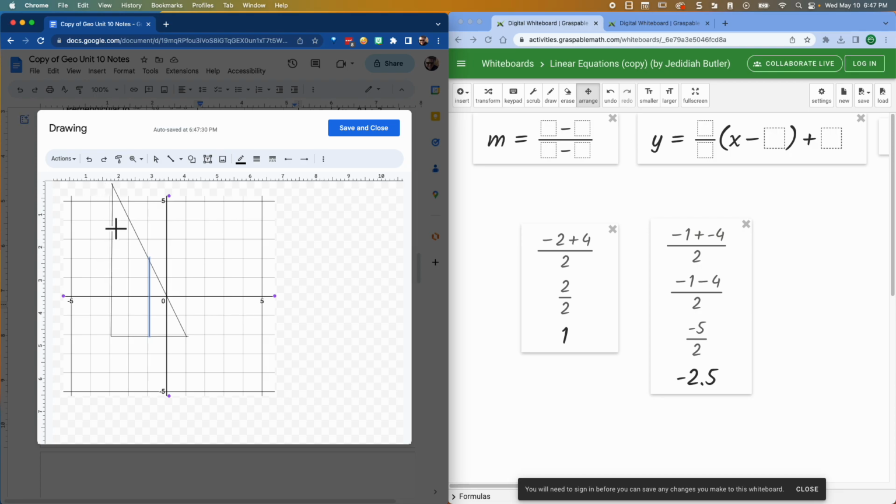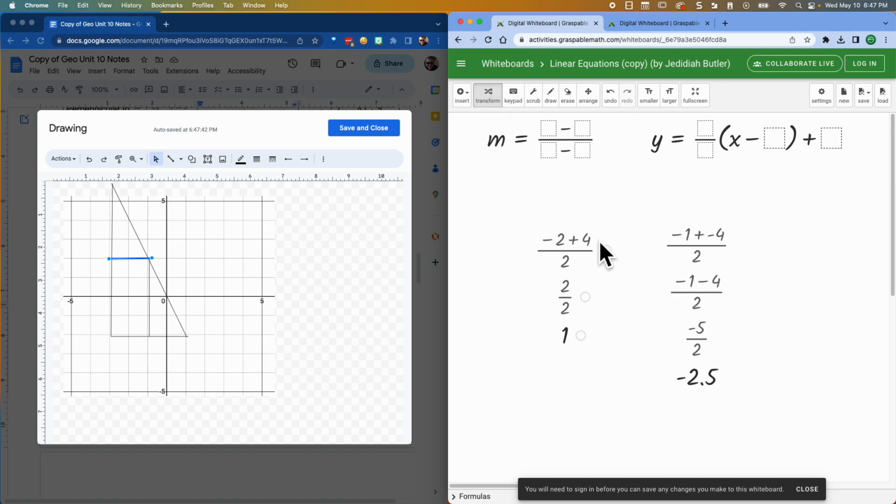So I got to go 4 on each side to split my horizontal, and that gives me this point right there. So I should get a point at -1, 2. This point right there. So let's go back to these calculations and see if we can get those same ideas.